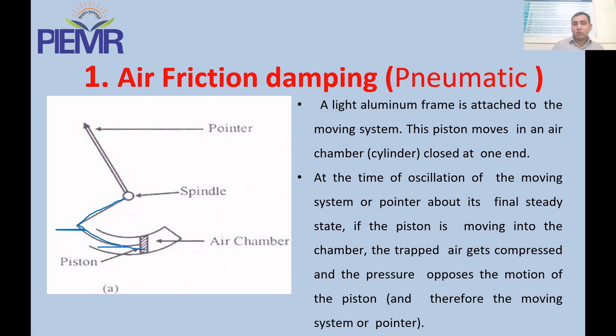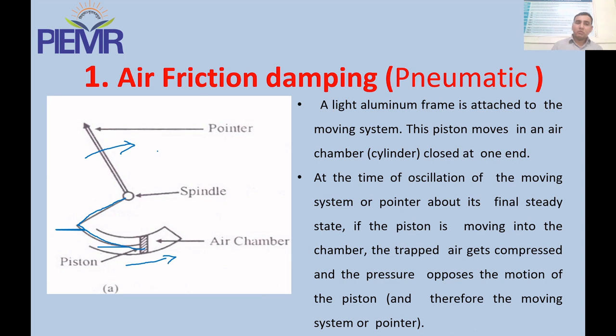When the pointer moves forward, the piston is pushed back into the air chamber. As the friction force is there, it will compress the air, and some of the extra energy will be lost there.